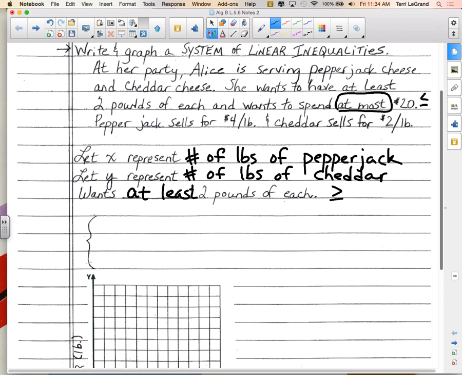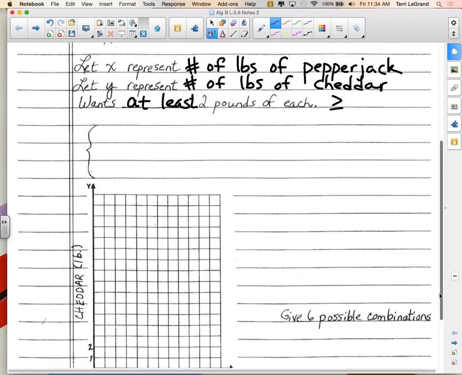Let's see if we can come up with at least one on our own. Should we write the second one? If you got one and you're feeling pretty confident, move on to the second one. Sure, we'll wait for everybody to get at least one.